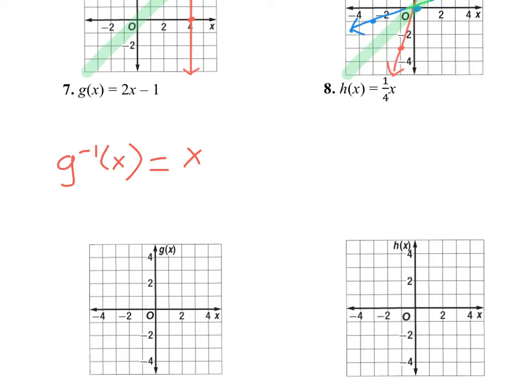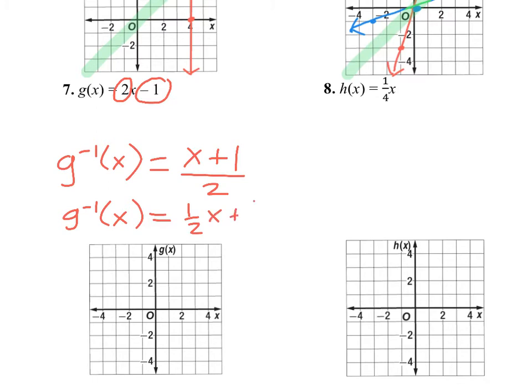So we have to inverse those and in reverse order. So what's the inverse of subtracting 1? Adding 1. What's the inverse of multiplying by 2? Dividing the whole thing by 2. So that would become 1/2 x plus 1/2.